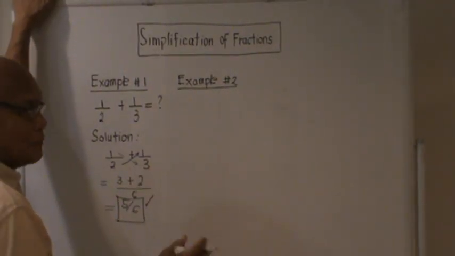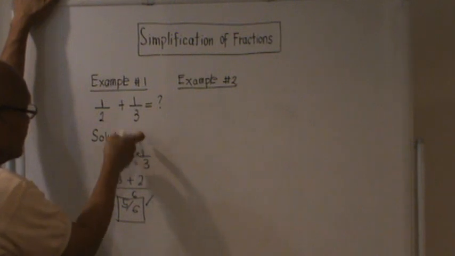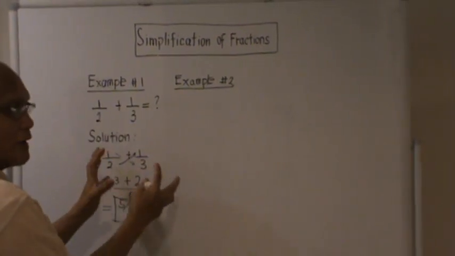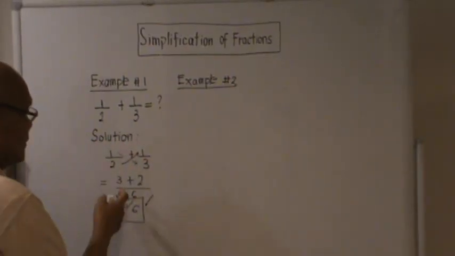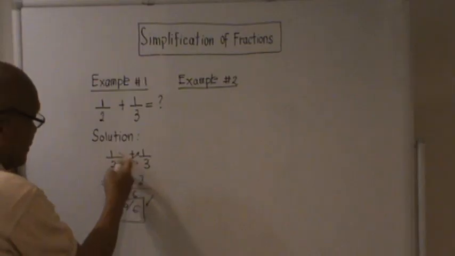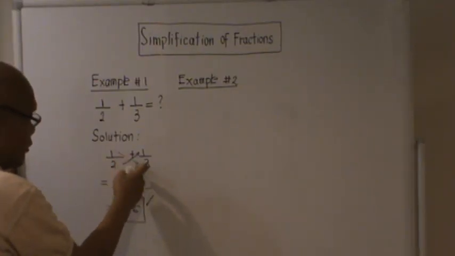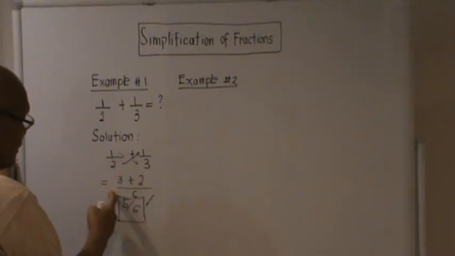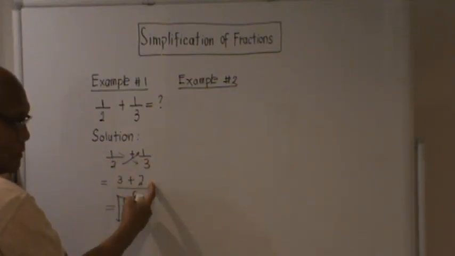So for example number 1, if we are only adding two fractions, if we try to simplify the concept on how to compress this one, the resulting numerator will be the sum of the product of the crisscross thing, right? 1 times 3 will be 3, 2 times 1 will be 2.